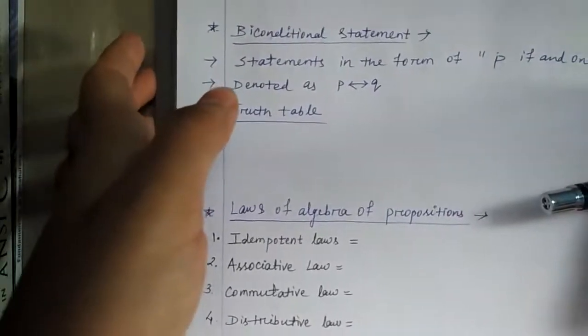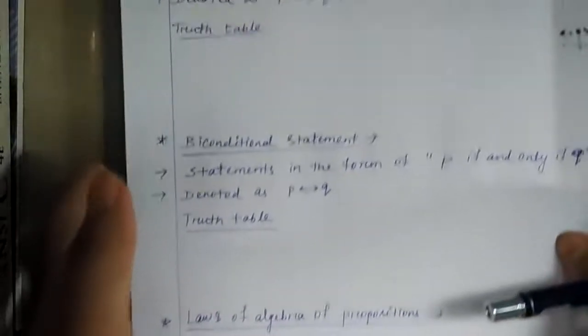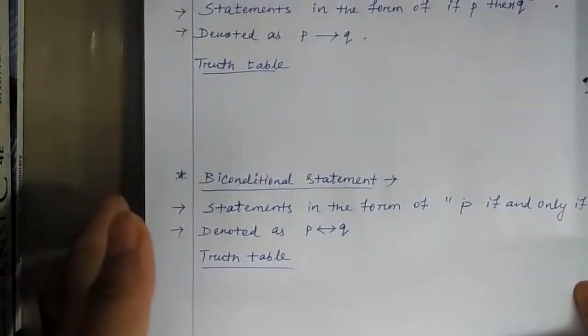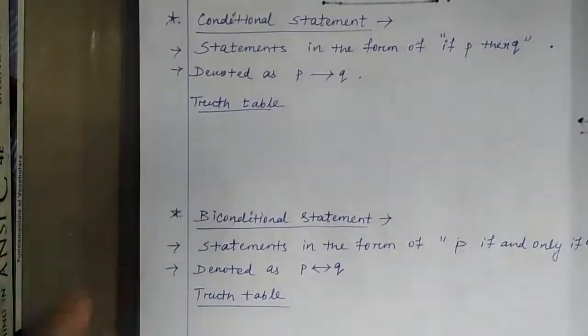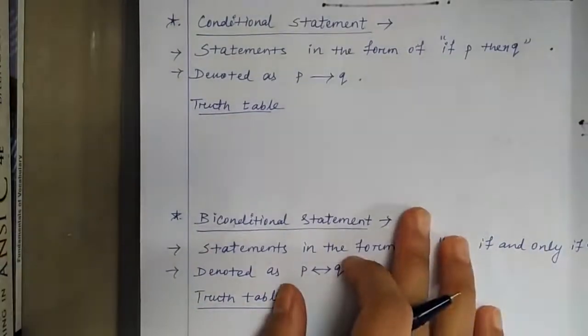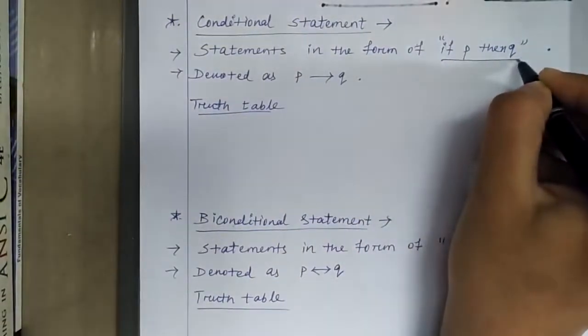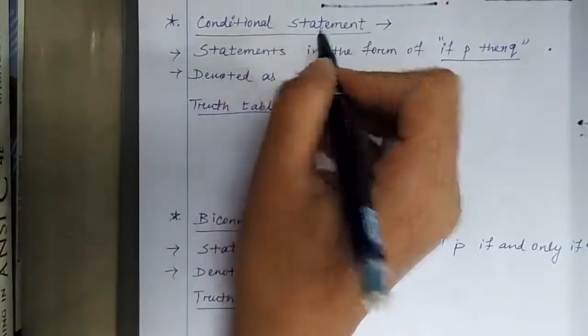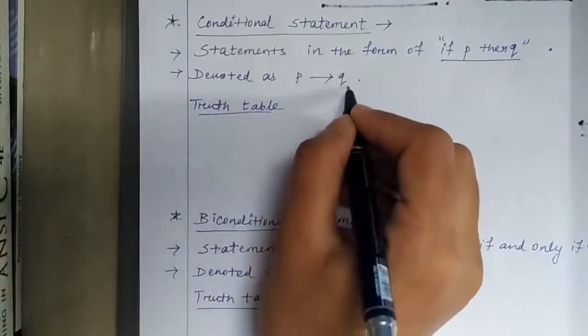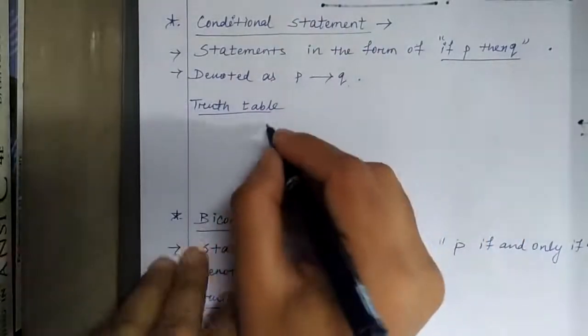Now we'll see some conditional and biconditional statements. First is the conditional statement. Whenever in a statement you find the form if P then Q, that is called a conditional statement, and it is denoted as P implies Q. So we'll see the truth table of that.